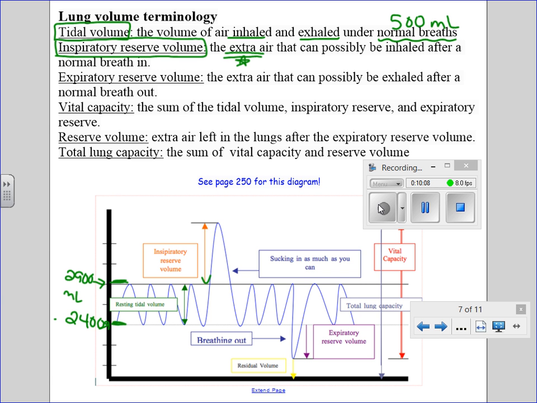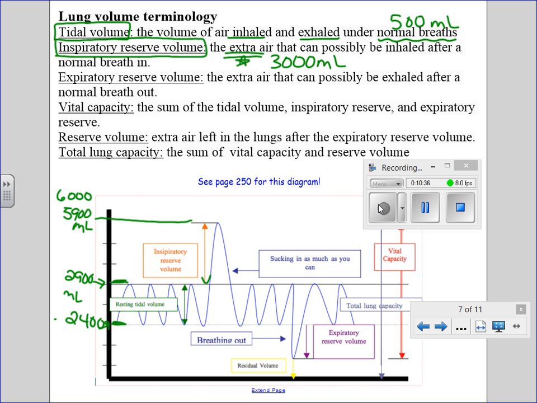On the diagram that is in your textbook, this line here is just below 6,000, so we're going to say that it's 5,900 milliliters, give or take. And so if we were to give a value to this volume, in this particular person, it's 3,000 milliliters.